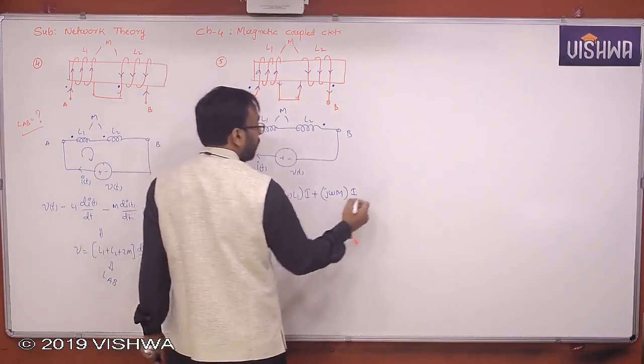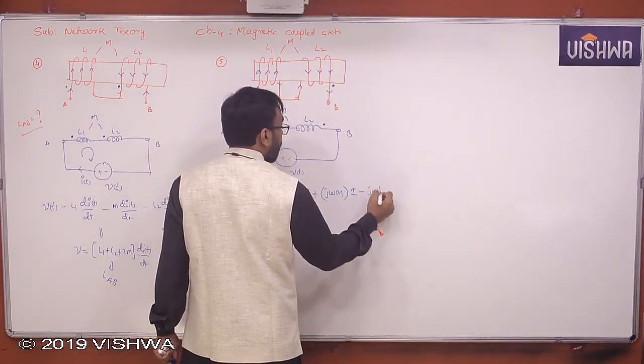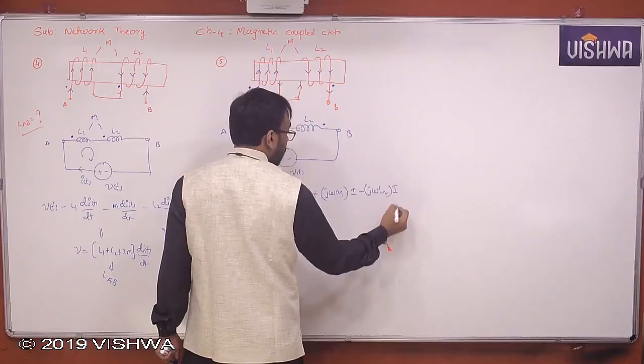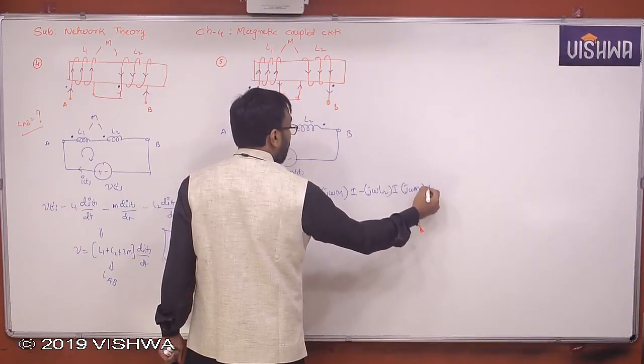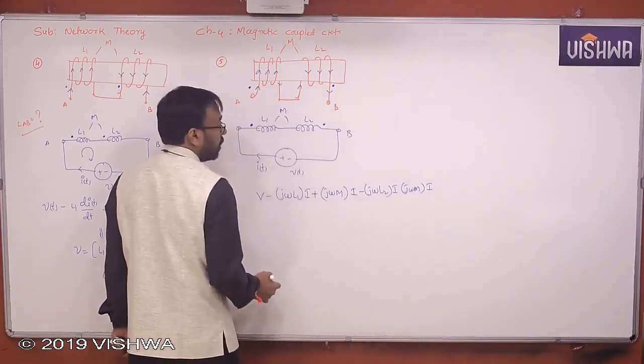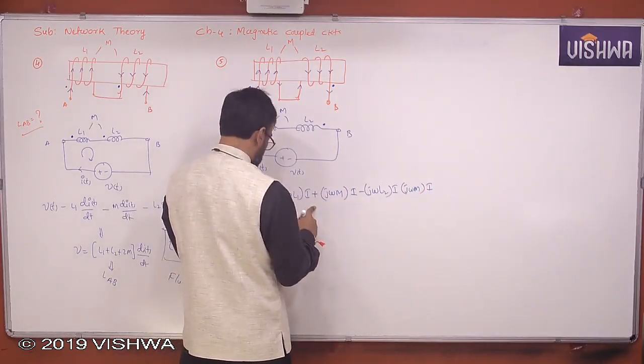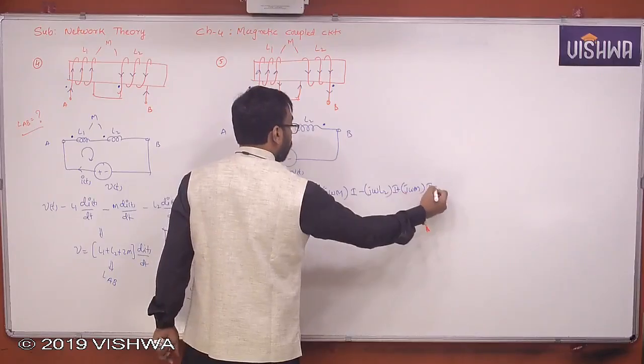Coming to this now, self, minus j omega L2 into I2, nothing but I. j omega M into I1, nothing but I. Okay, so this is minus, this is plus, then equal to 0.